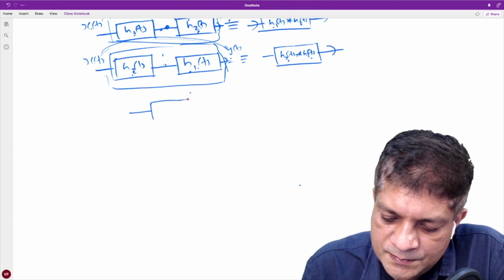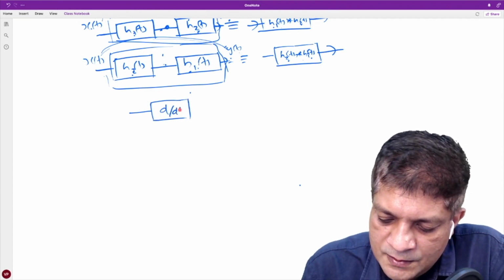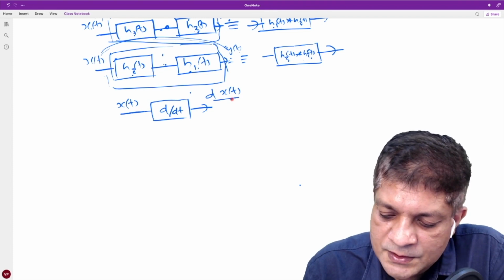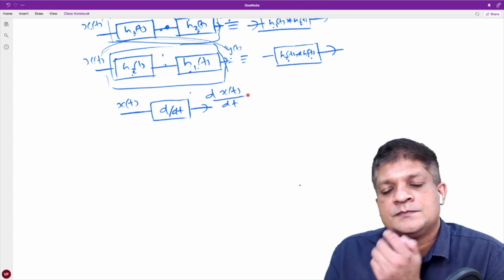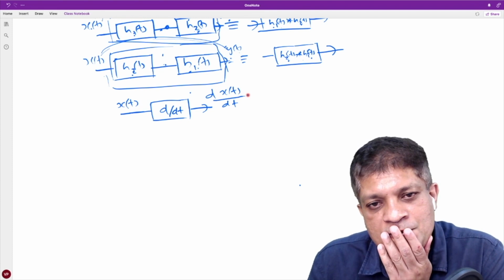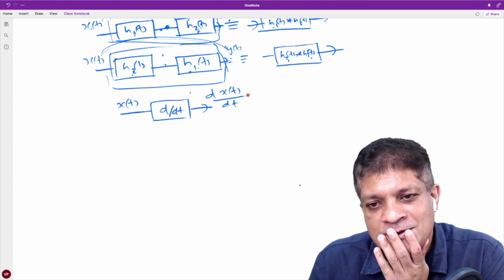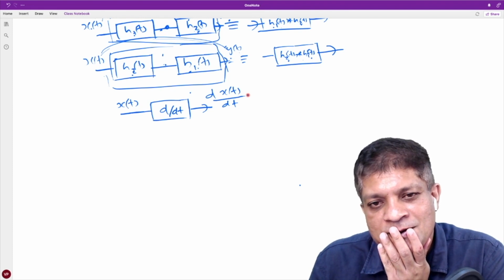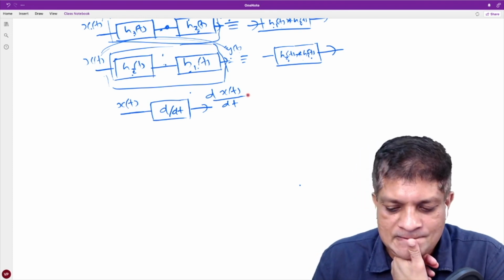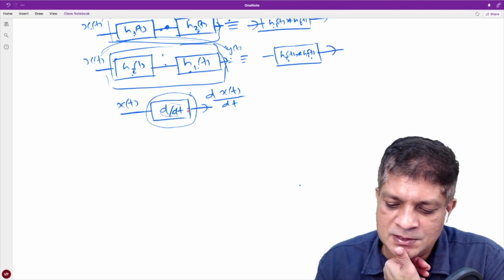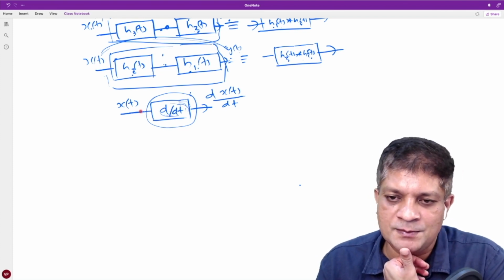If we have a system, is it a linear time invariant system? It is a differentiator. Is the differentiator an LTI system? Remember, this is not the impulse response of this system, I am just denoting it.